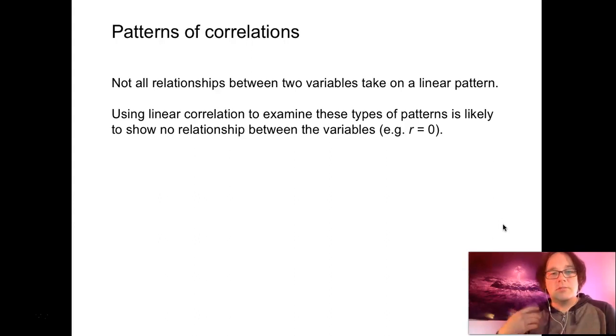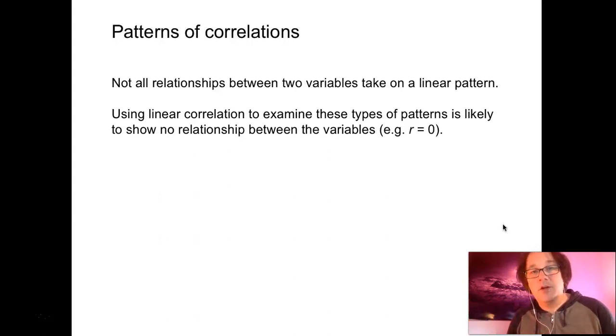So when we use linear correlation to examine these types of patterns, it might show a correlation of 0. So sometimes when we end up with a correlation coefficient of 0, we might have to think, well, are we sure that this is a linear pattern? Maybe it's changing shape somewhere. Maybe it's actually not linear after all, and we're kind of missing out on the actual shape.